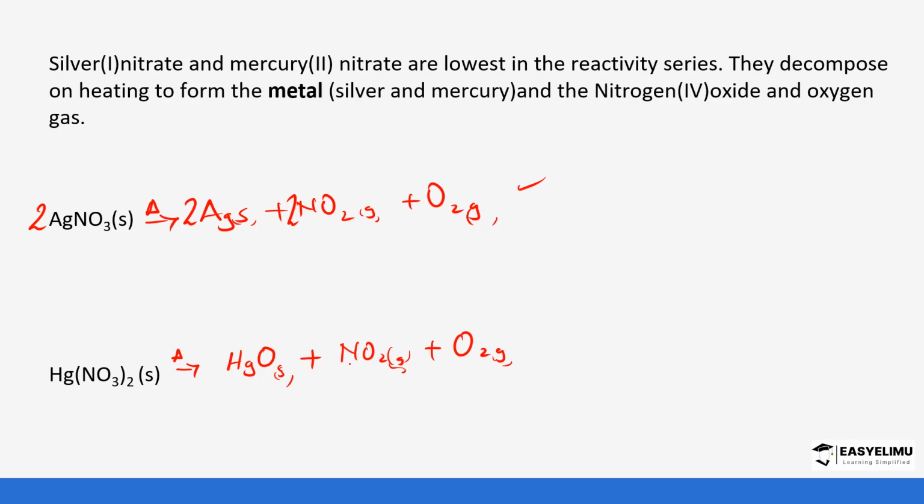So we need to put a 2 here. And then oxygens are 6. So when we put a 2 here, it becomes 4 oxygens plus 2 plus 1, which gives us 7 oxygens.